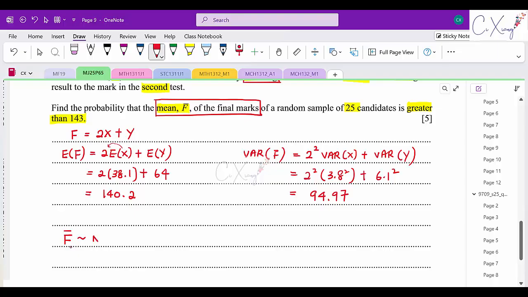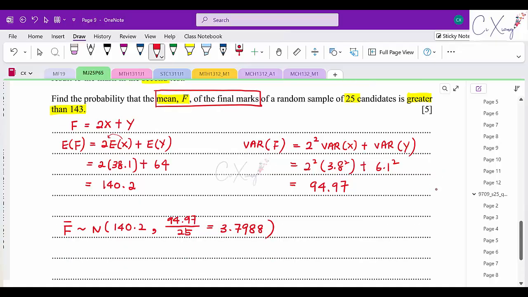Then what is the mean of the sample mean? It will be the same as the population mean. What is the variance of the sample mean? It will be this one, but you have to divide it by the sample size, so divided by 25. And from here, by right, you'll get a number, 3.7988.